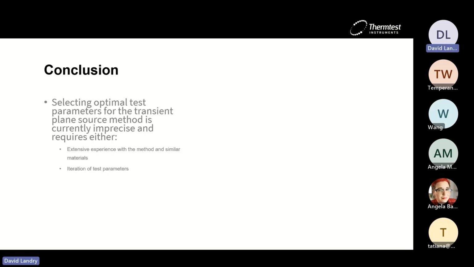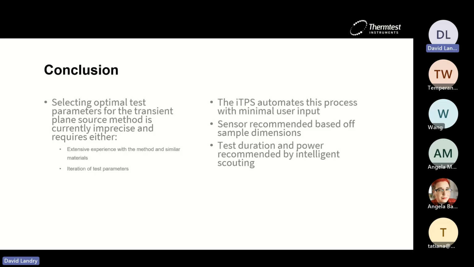And the solution we've come to is the iTransient algorithm, which will automate the process of sensor selection and duration and power recommendation. The sensor gets recommended based off of sample dimensions, and then the test duration and power are recommended by an intelligent scouting and calculation algorithm.